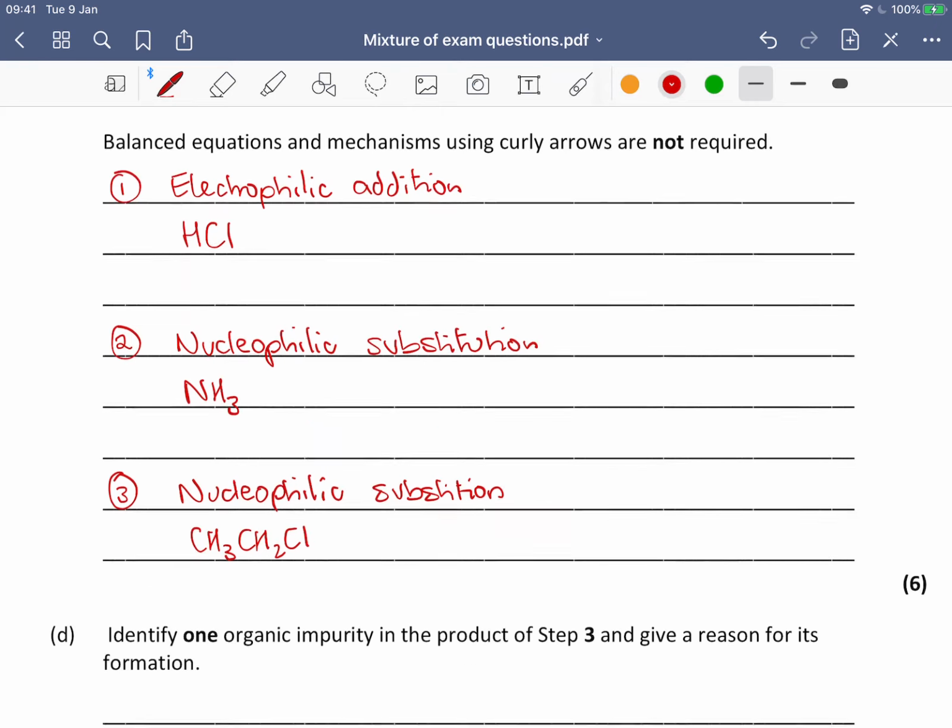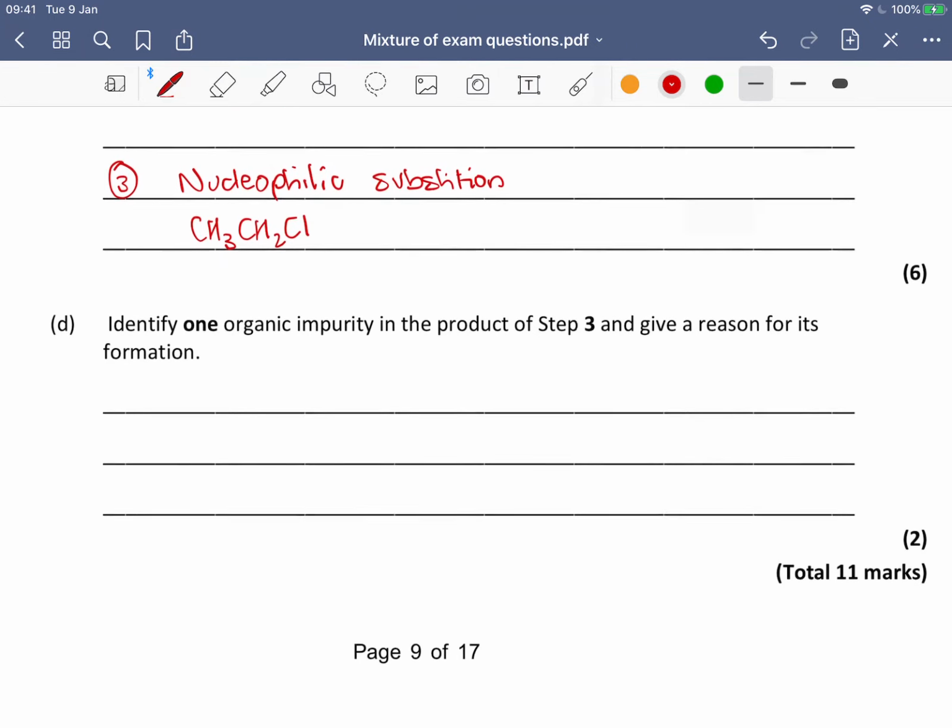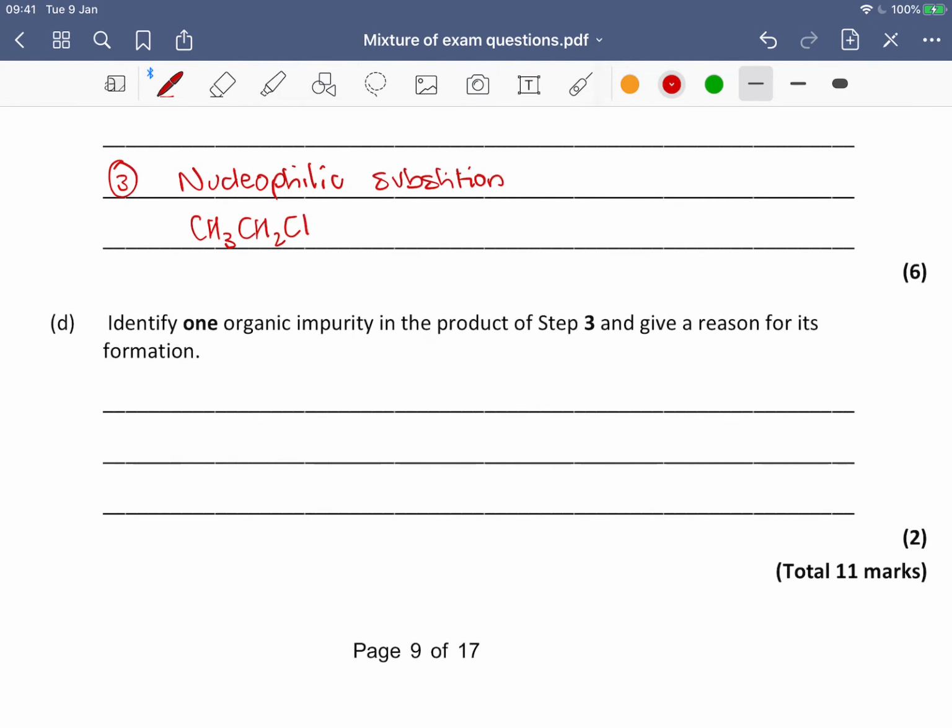Okay, and then the final part here. It says identify one organic impurity in the product of step 3 and give a reason for its formation. So we've already established that we can have multiple substitution, further substitution. That's how we were able to get the secondary amine. Further substitution could take place.